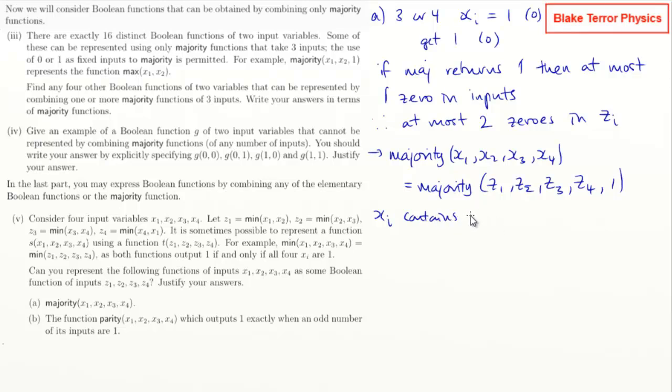We'll have 0 zeros, 1 zero, 2 zeros, 3 zeros, 4 zeros. Then we can say that z_i will get 0 zeros. If it's got 1 zero, it'll have 2 zeros. If it's got 2 zeros, it would have 3 zeros. For 3 zeros, it would have 4 zeros, and then that would be 4 zeros.